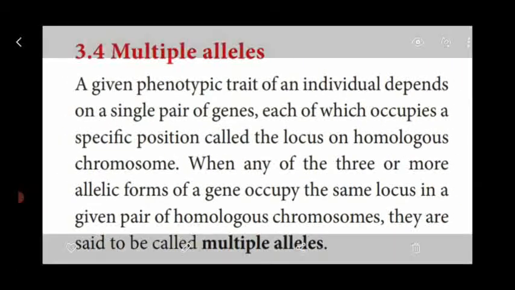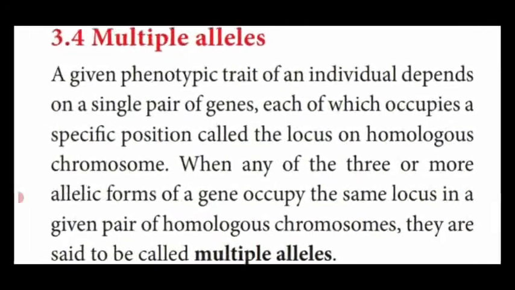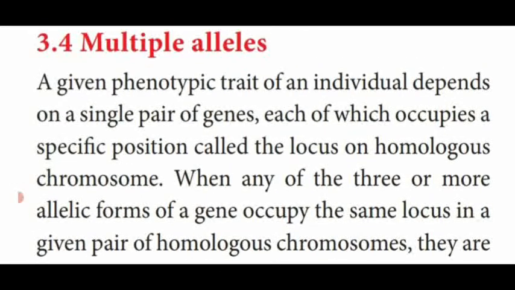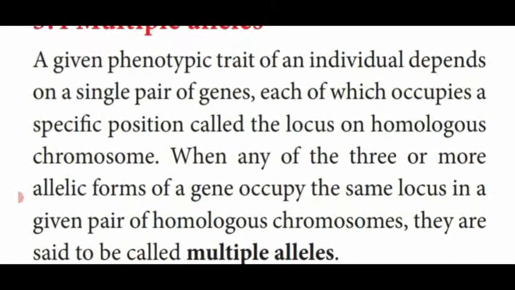Dear students, see the definition of multiple alleles given in a paragraph. When any of the 3 or more allelic forms of a gene occupy the same locus in a given pair of homologous chromosomes, they are said to be multiple alleles.